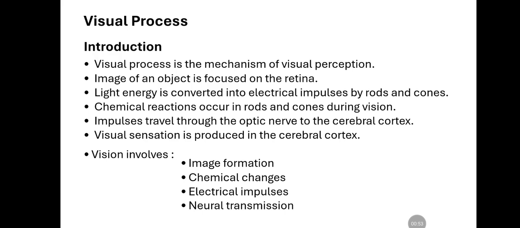Chemical reaction occurs in rods and cones during vision. Impulse travels through the optic nerve to the cerebral cortex. Visual sensation is produced in the cerebral cortex.